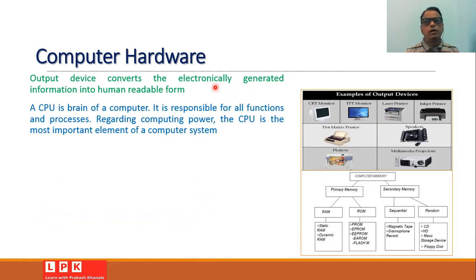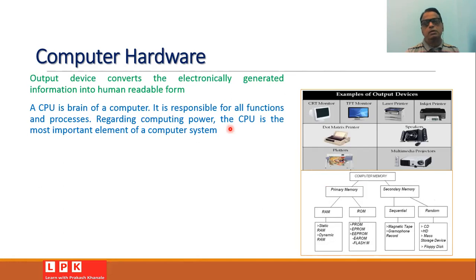As we have seen in the block diagram, every computer has a CPU, or central processing unit. This is like the brain of a computer. It is responsible for all the functions and processes carried out within a computer system. Regarding computing power, the CPU is the most important element of the computer system.